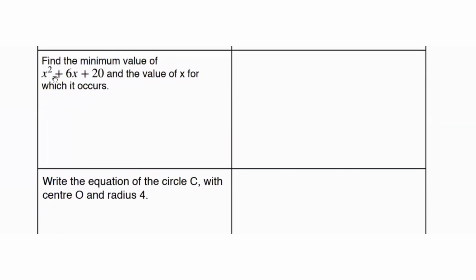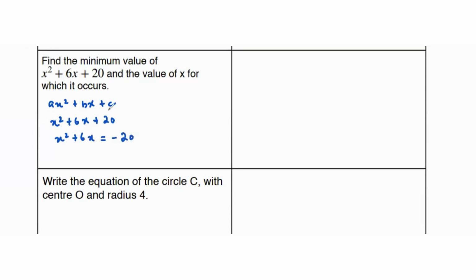Find the minimum value of x squared plus 6x plus 20 and the value of x for which it occurs. Know that the quadratic equation comes in the format of ax squared plus bx plus c. So we're going to rewrite our x squared plus 6x plus 20 as x squared plus 6x equals negative 20.